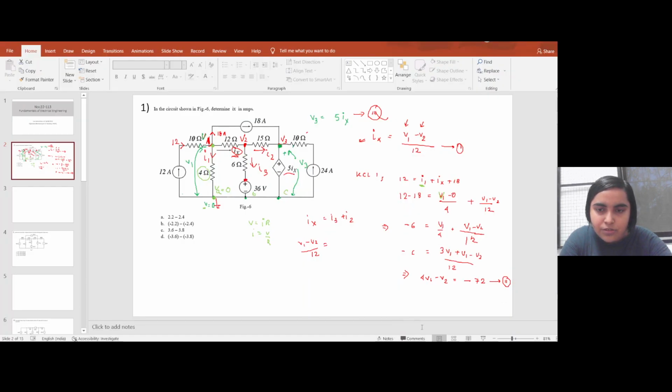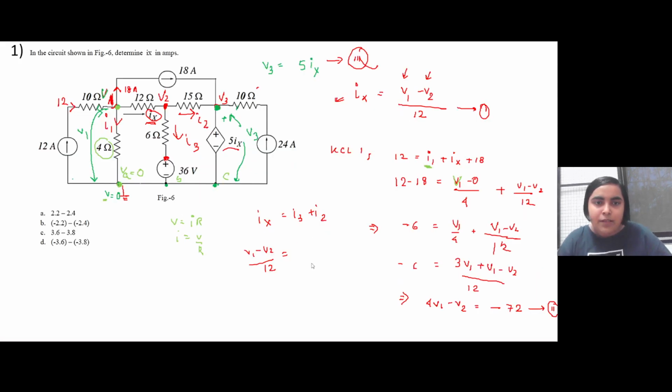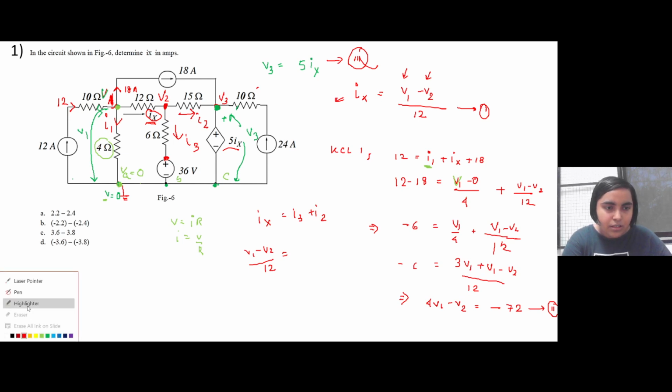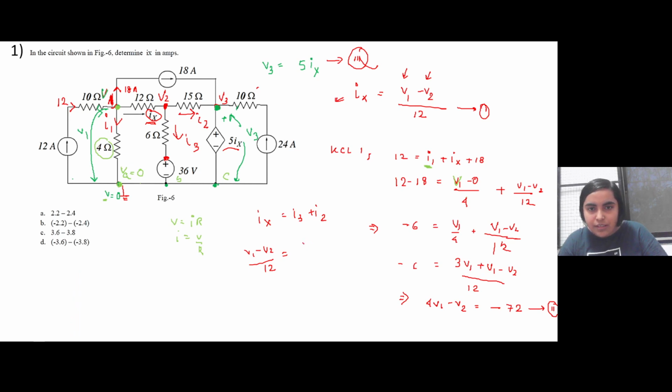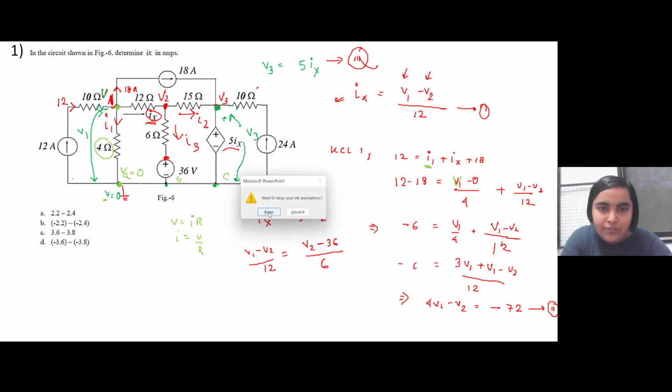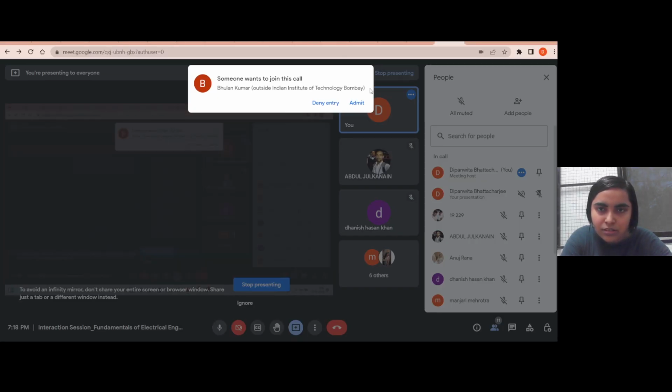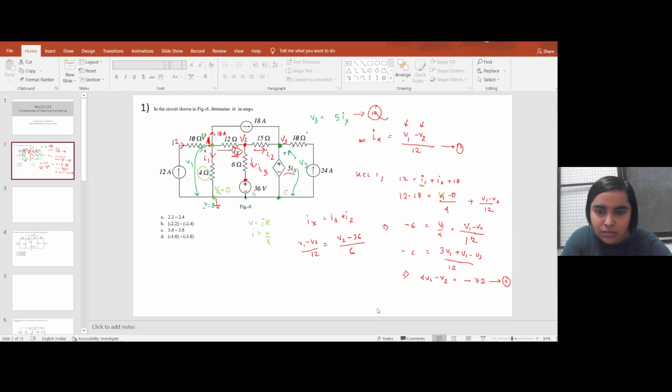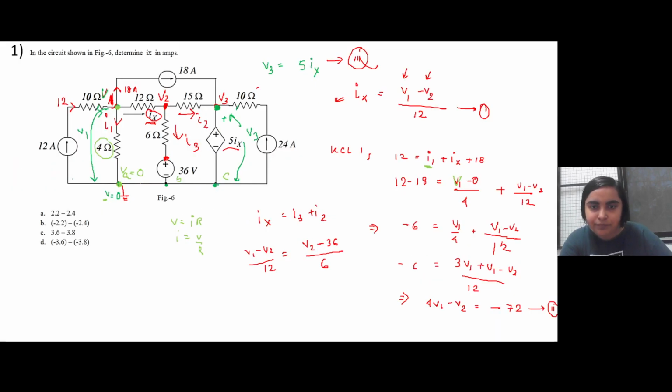So the voltage across the resistor is V2 minus 36 volt, which is given here. So V2 minus 36 by the resistance 6. Clear to everyone?